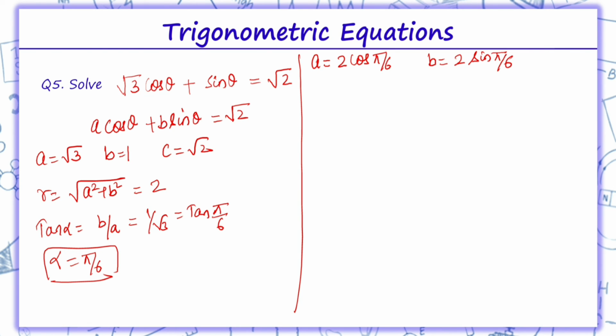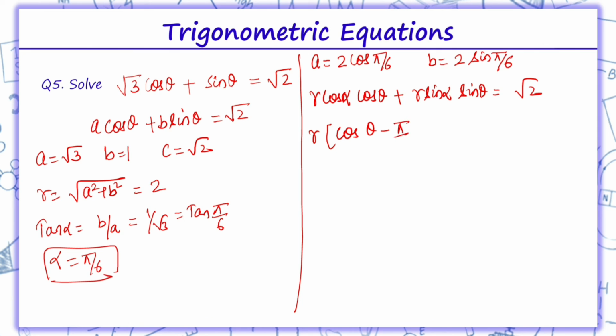So we get r cos alpha into cos theta plus r sin alpha into sin theta, which equals root 2. If we take r common, this is the formula for cos of a minus b. It will be written as cos of theta minus alpha, and the value of alpha is pi by 6, so this equals root 2.